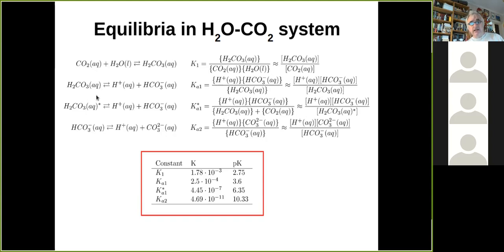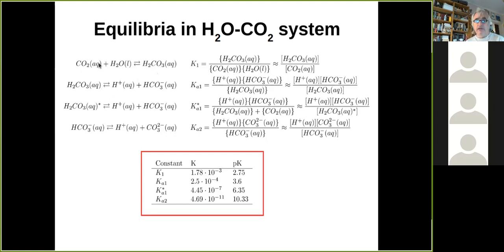But it's still quite convenient, because the first two of these equilibria occur all the time. As long as a true carbonic acid has been formed, there is a possibility of its dissociation. Then the amount of carbonic acid is depleted, and some more carbon dioxide may form new carbonic acid.